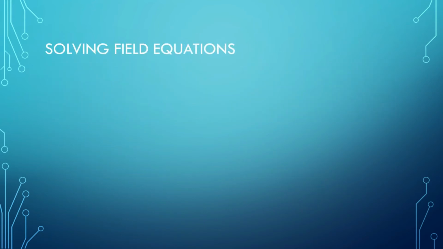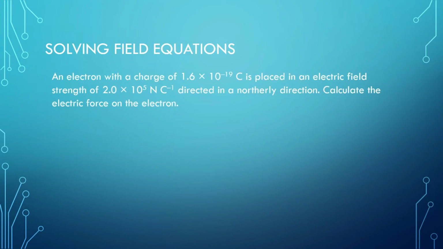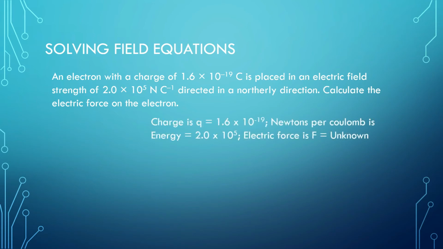Now it's time for solving field equations. Our first equation: an electron has a charge of 1.6 times 10 to the power of negative 19. It is placed in an electric field strength of 2 times 10 to the power of 5 in a northerly direction. Calculate the electric force on the electron. With any information given, I find it best to lay it all out in a linear equation so that we can figure out what we have to shuffle in order to find our unknown value.